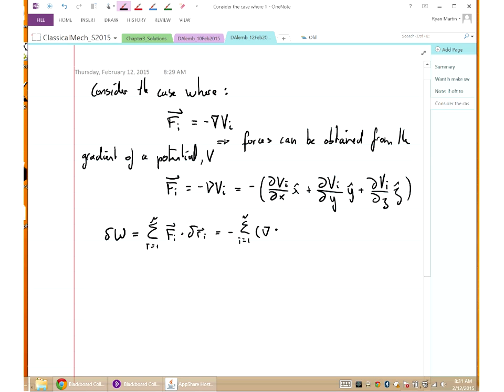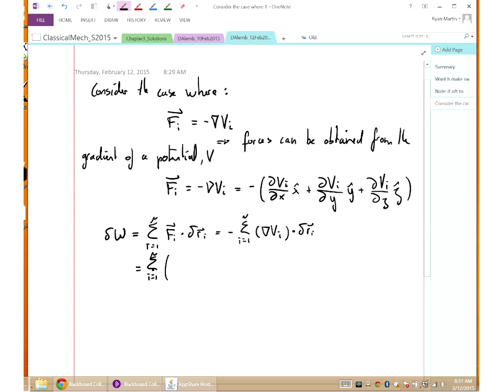That'll be equal to minus the sum from i equals 1 to N, where the Fi I can write as a gradient, so grad Vi dotted with delta Ri.